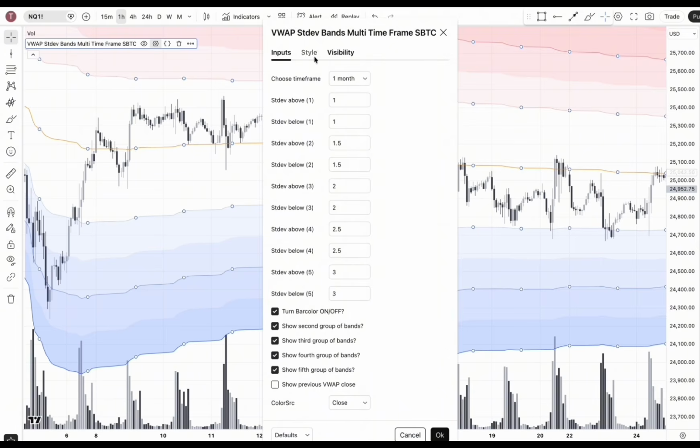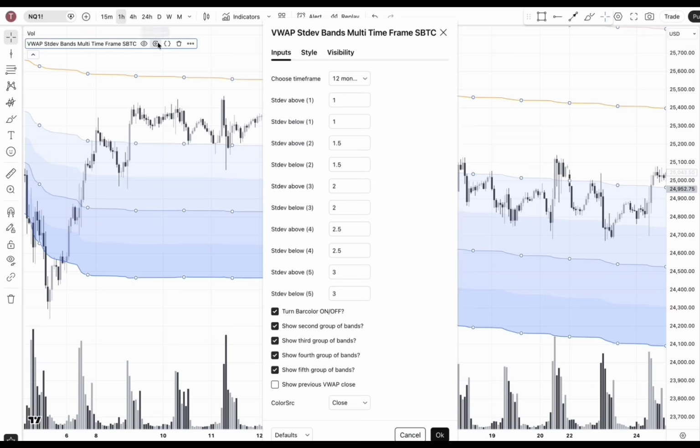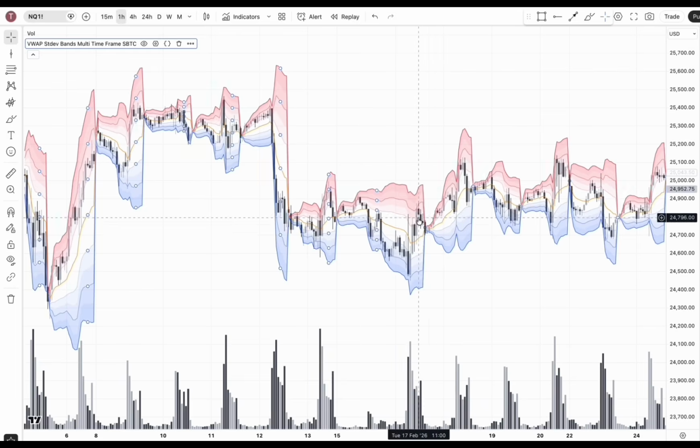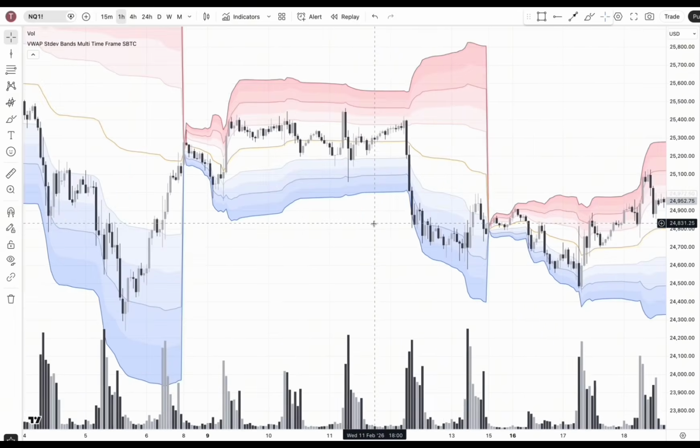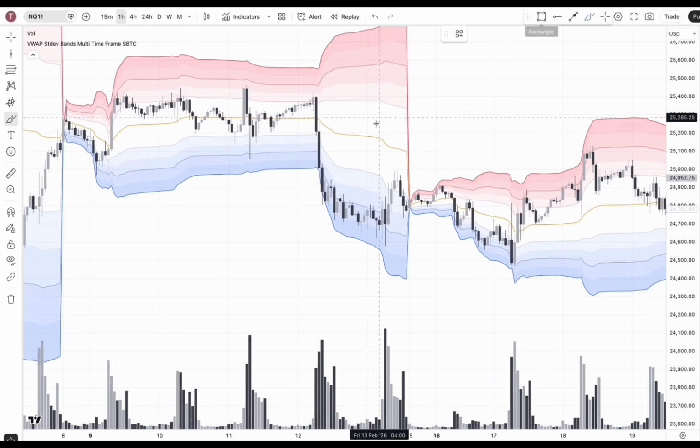And then same with the yearly VWAP, I would wait for at least a month or so before actually using it. And then if you're using daily VWAP, I would wait for the first hour and then I would use it after that.